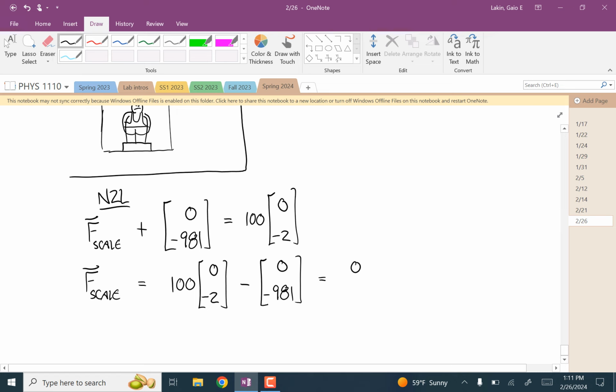And so that's 0, negative 200, plus 0, positive 981. And you get a force of 0, 781.